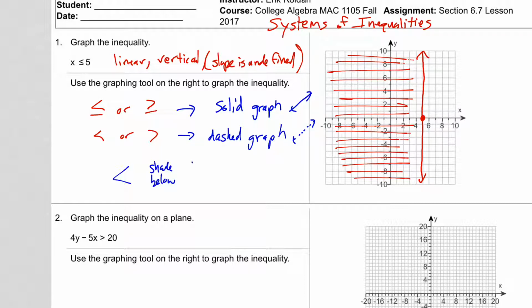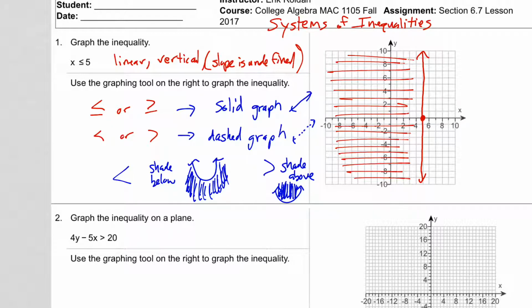So for example, if we have a quadratic and it's less than, we're going to shade below. If it's greater than, we're going to shade above.